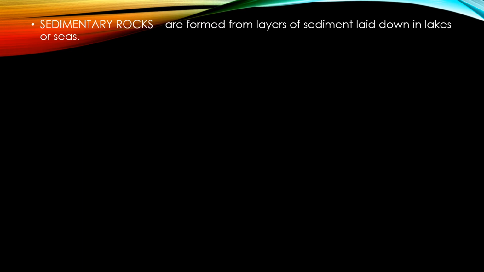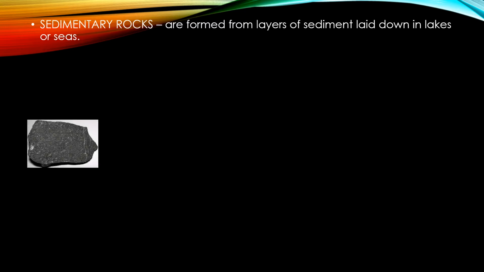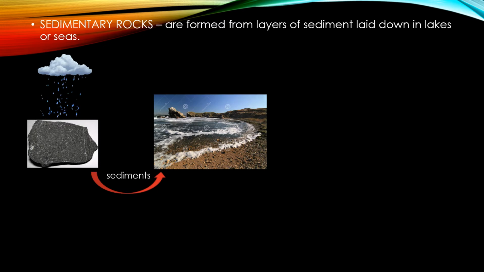So next is sedimentary rocks. Sedimentary rocks are formed from layers of sediment laid down in lakes or seas. So from the word itself, sediment or debris. For example, the igneous rock been weathered by the rains many times, and then the sediments of igneous rocks go to the lakes or seas.